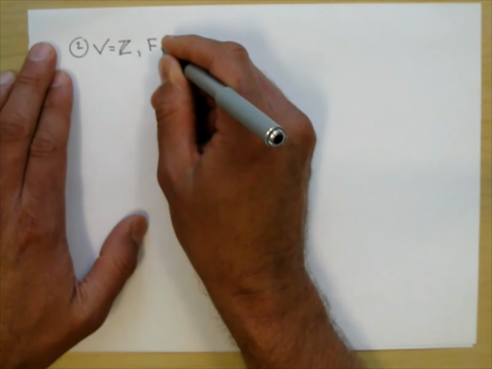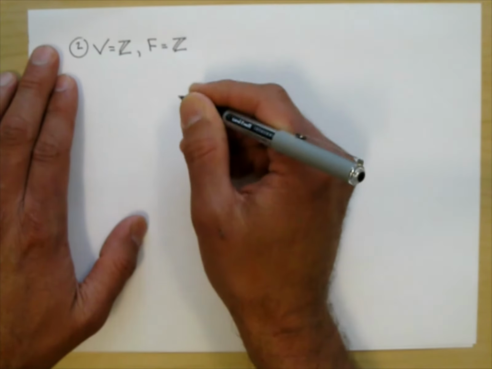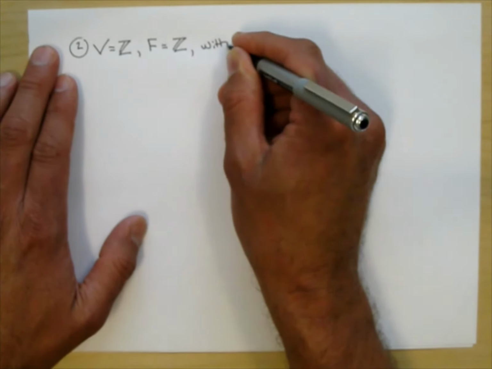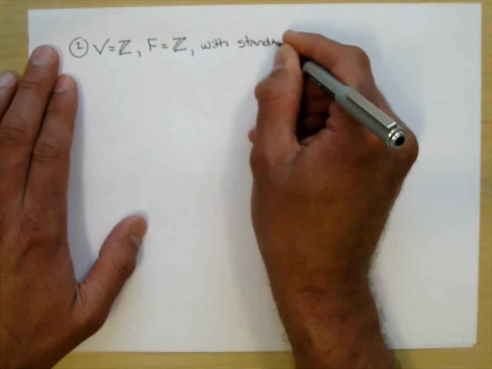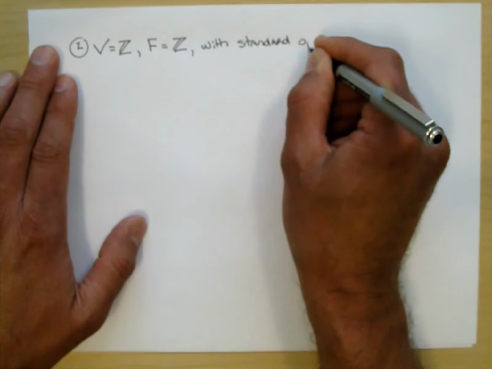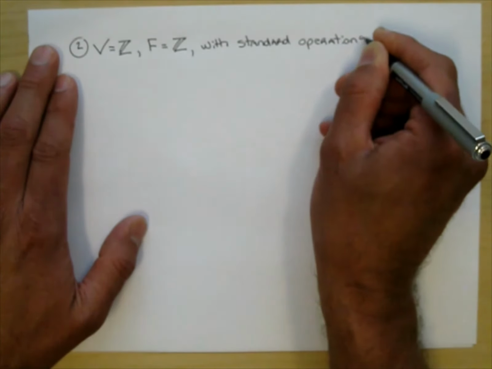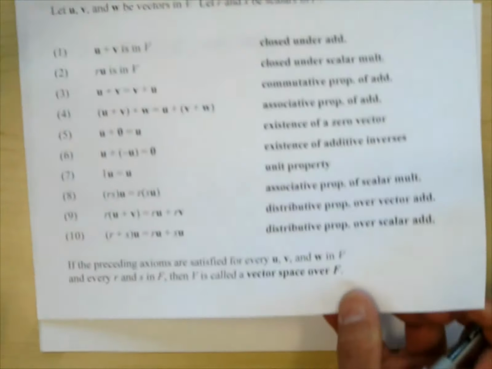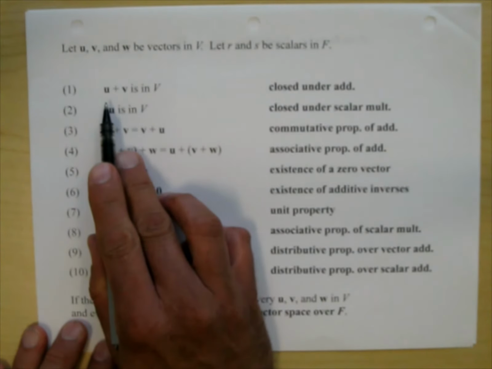Your scalars are integers, with standard operations. So here's the deal. There are 10 axioms. Your vectors and your scalars are the same thing. So let's just run through these 10 axioms here.